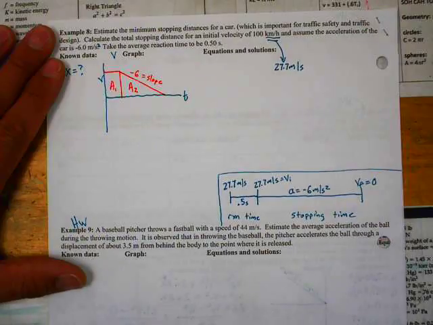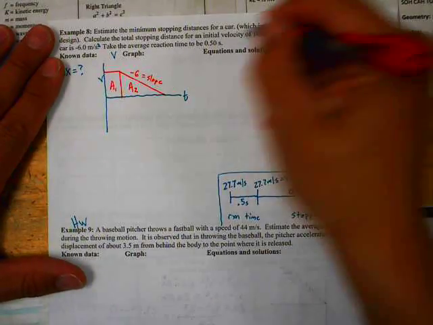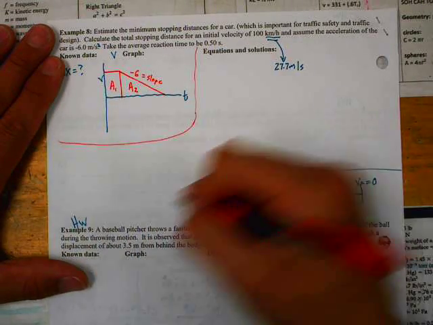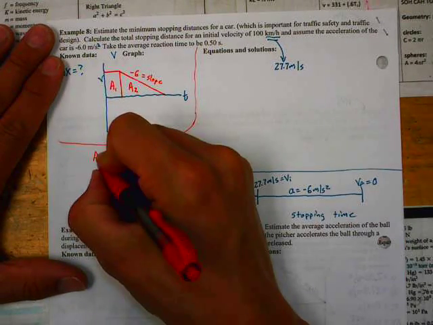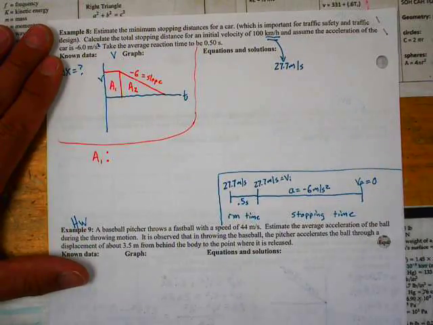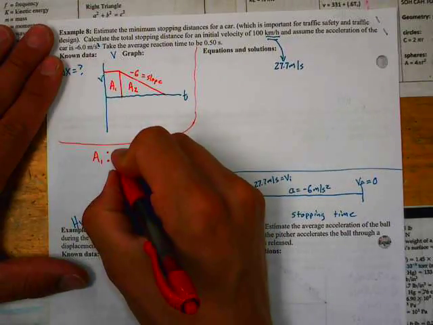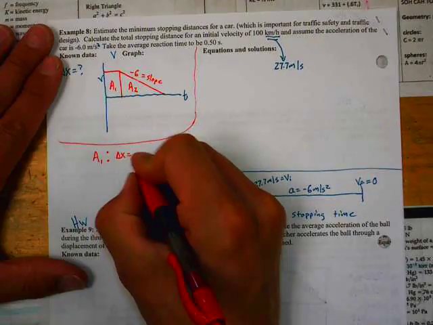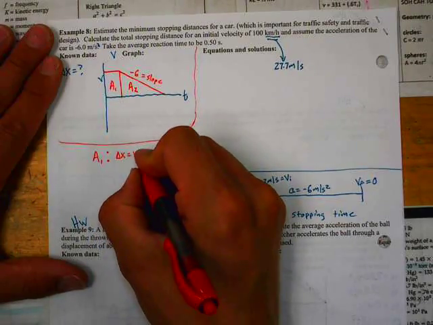And if we add them both, then we'll get the total stopping distance. So for our equations and solutions part, let's do A1 right here. Since there's no acceleration, our delta x is just our velocity times our time.